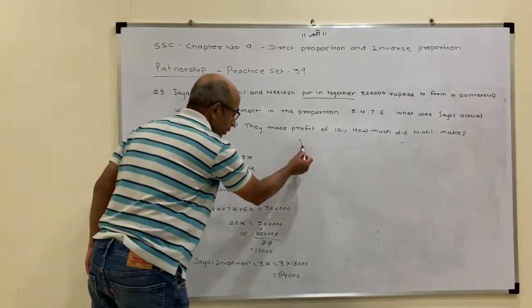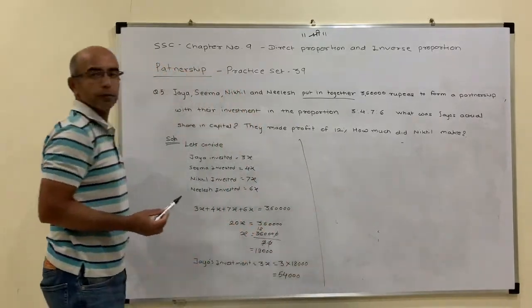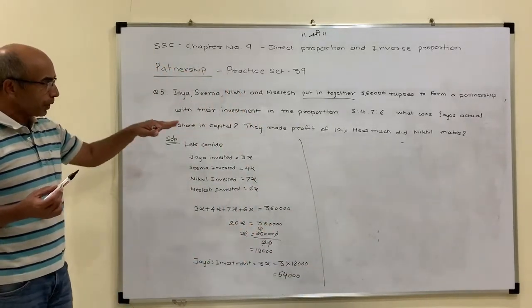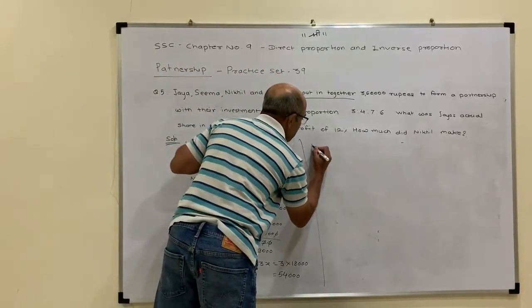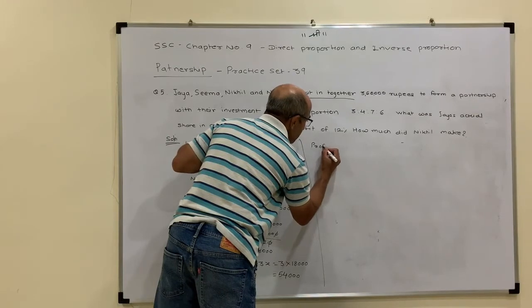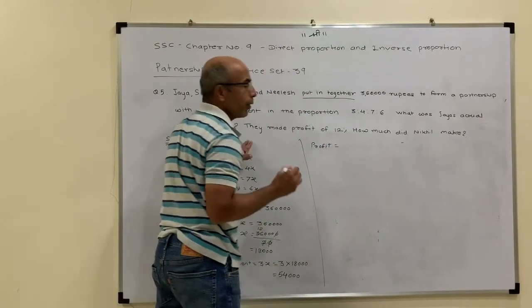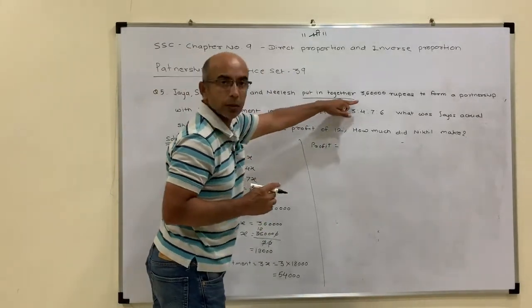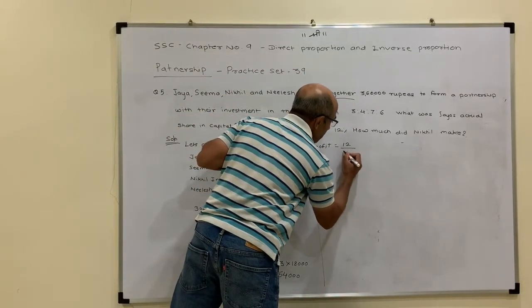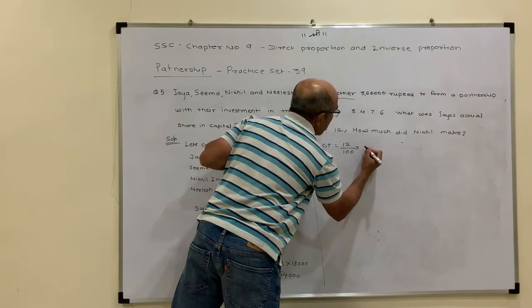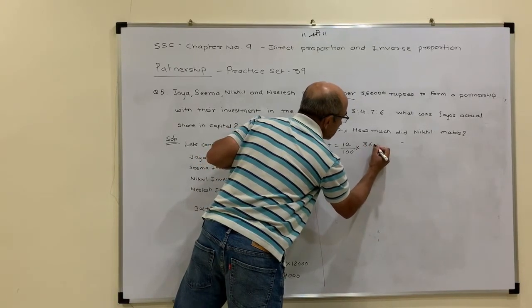Now let's solve for the second part of the question. So first, we need to find the profit. How much is the profit? Profit is 12% of the capital. So it comes out to be 12 divided by 100 into 3,60,000.